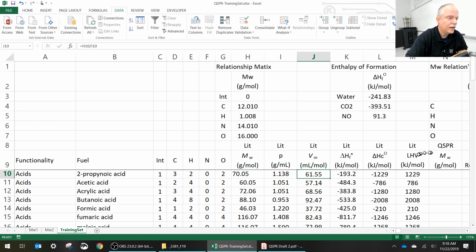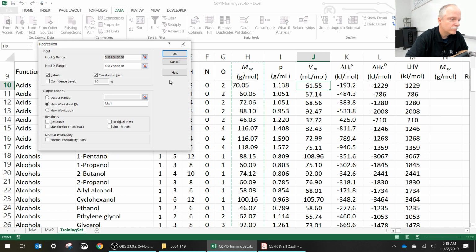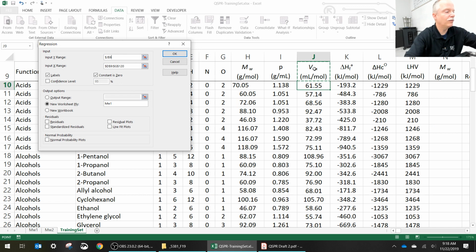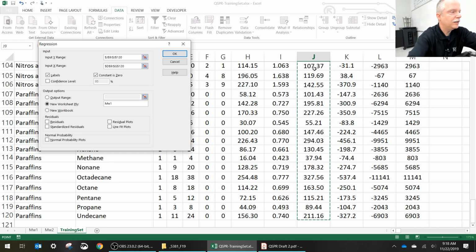So now let's take our regression analysis. We're going to select with the molar volume label all of these values. So now we're going J9 down to J120.